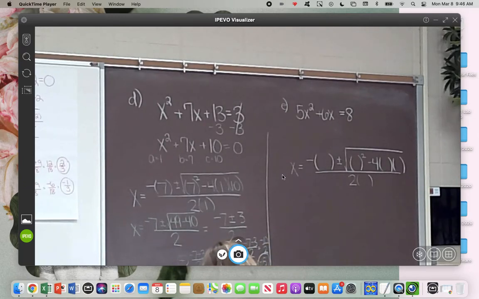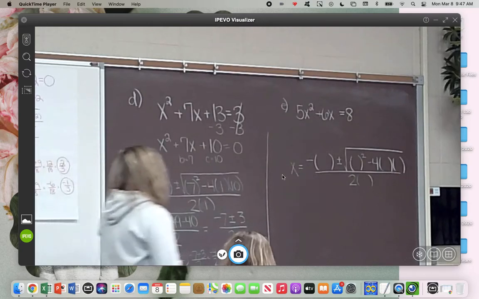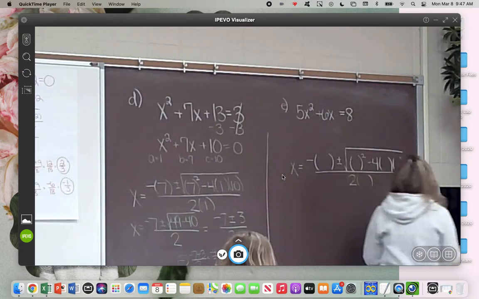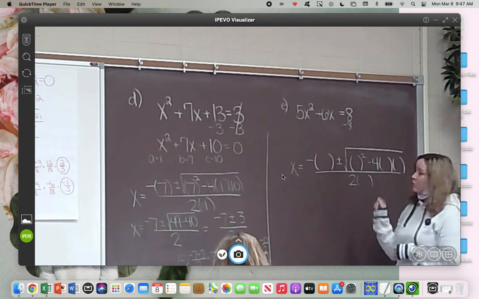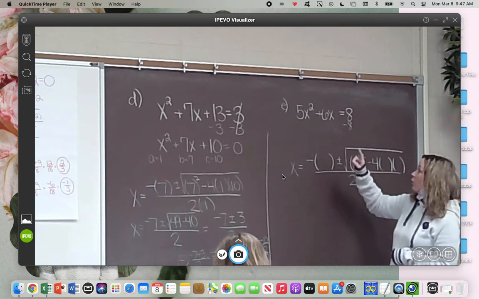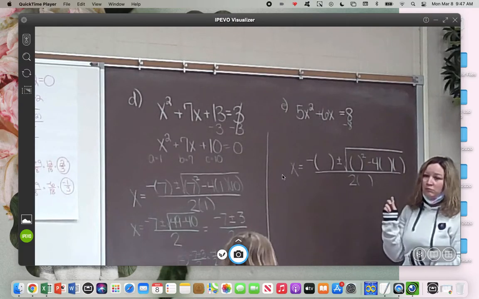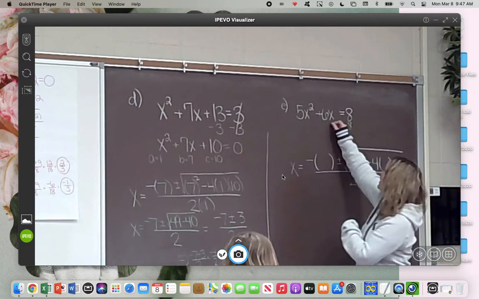Now, last but not least, we don't like that equals 8. So do I want to add that 8 or subtract that 8 over? If it's a positive 8, do I want to add it or subtract it? Is there a constant to subtract the 8 from? So where do we want to put that? After the 6.